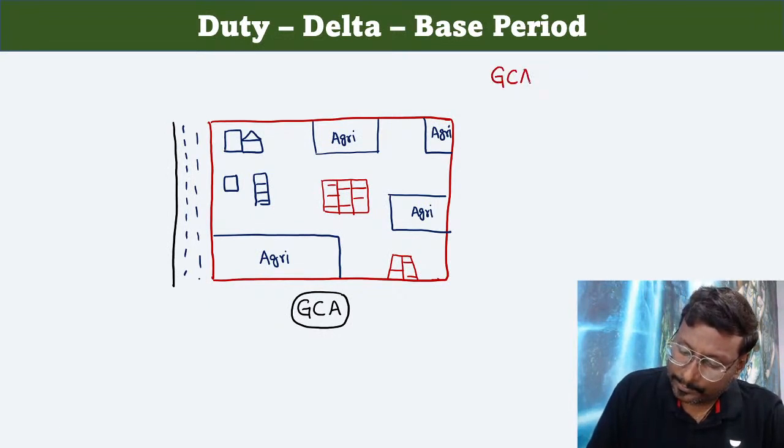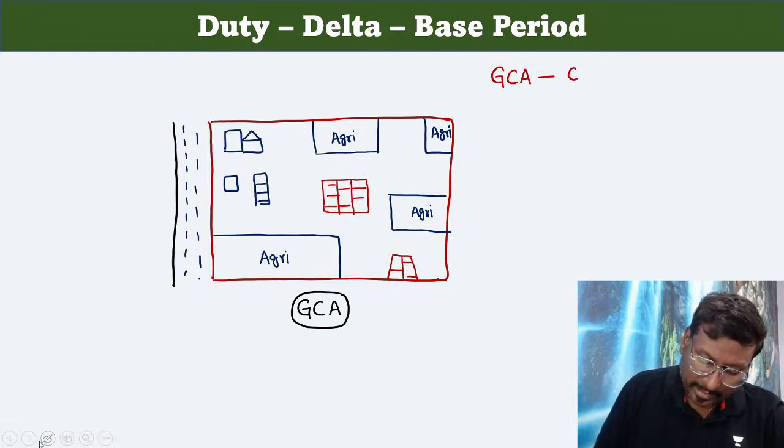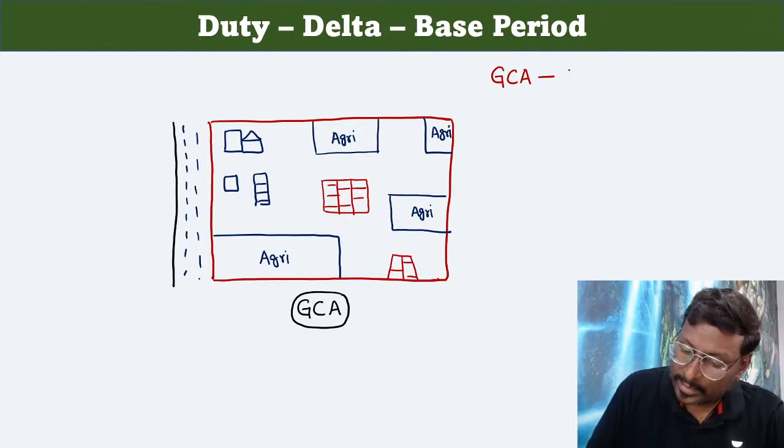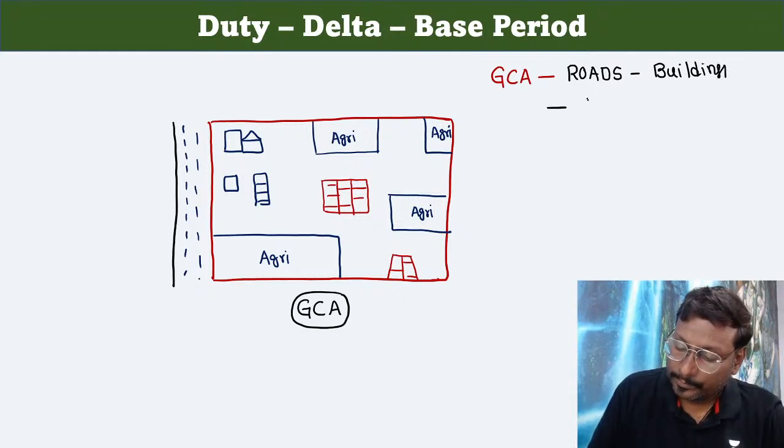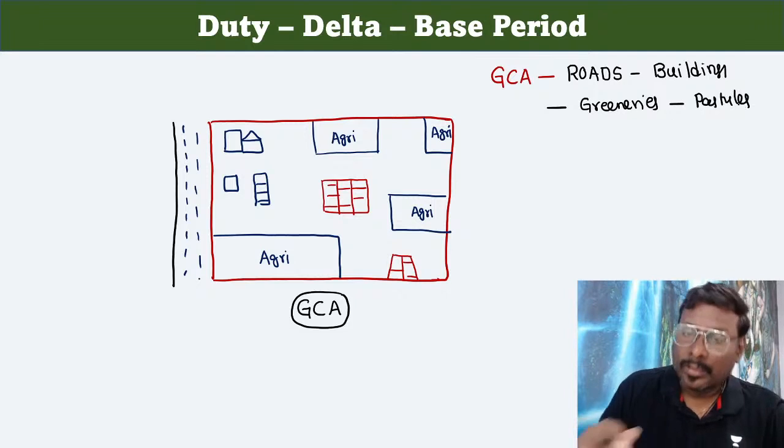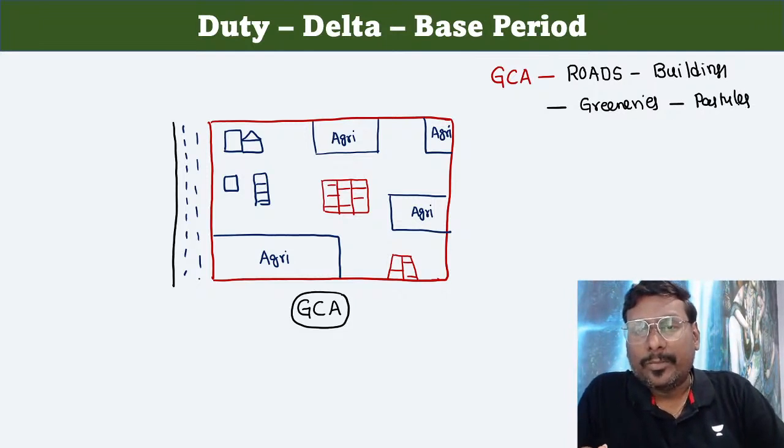GCA minus roads, minus buildings, minus greeneries, minus pastures, like that, so many unnecessary areas.